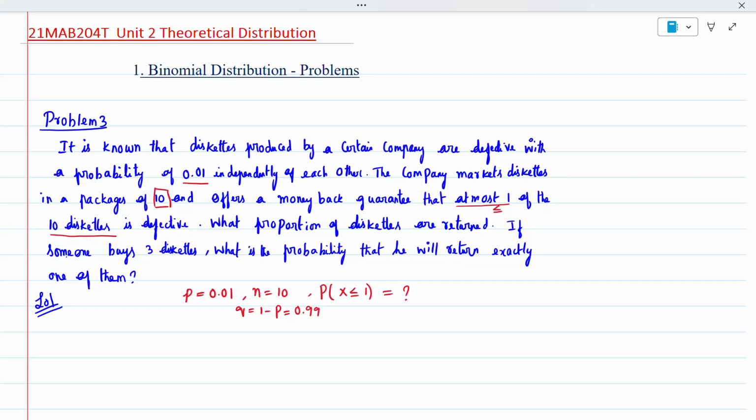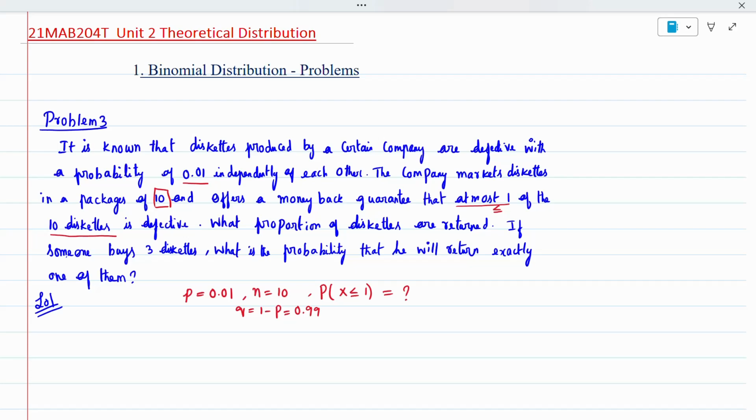So first, one by one, we'll go. The probability has been given in the question to be p equal to 0.01. N, the number of disks in the packet, is 10. It is asked to find at most 1. At most means we have to use the symbol less than or equal to. We only need to find the probability of x less than or equal to 1.